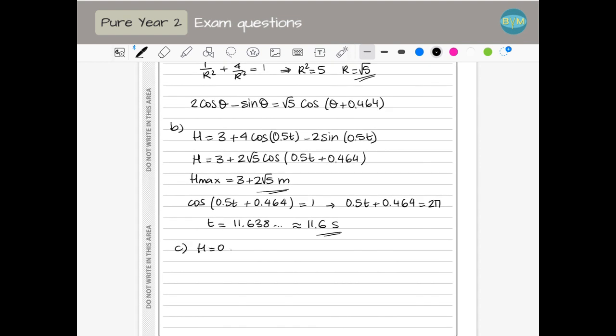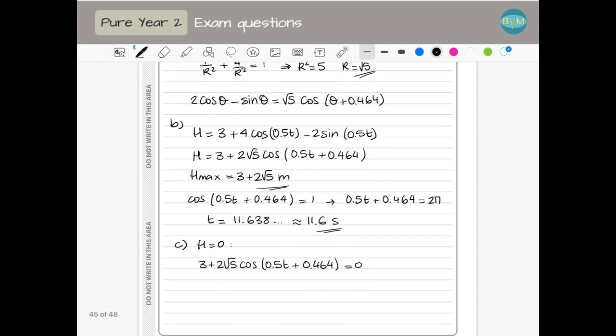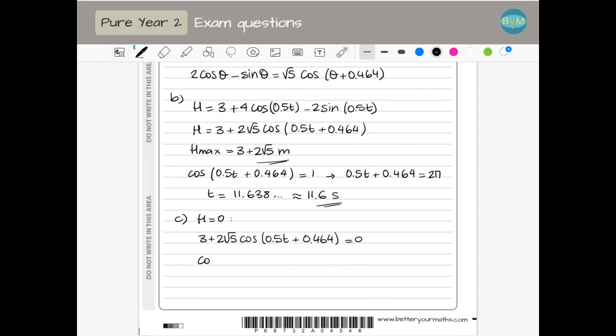h equals 0 means that 3 plus 2 root 5 cos(0.5t + 0.464) is going to be 0, which means that cos(0.5t + 0.464) is going to be minus 3 divided by 2 root 5.